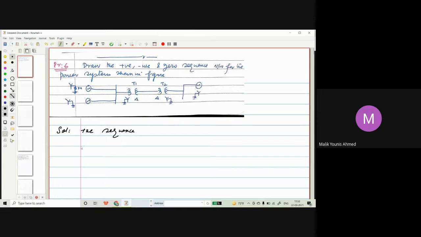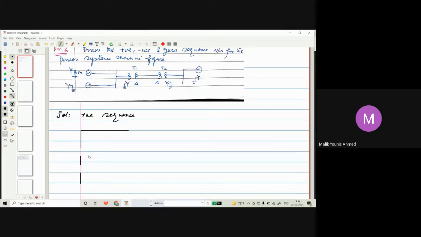Have a look. First you have a generator, reactance of generator, and voltage source we have. Just a second, I will look into the diagram. Generator, voltage source.